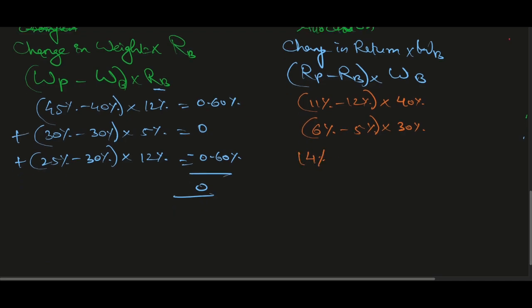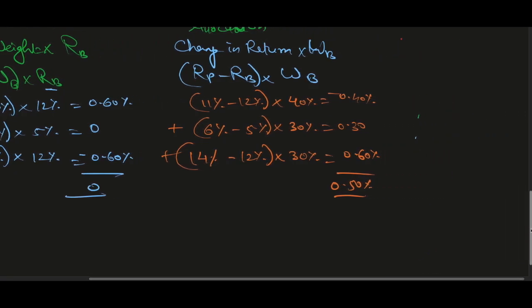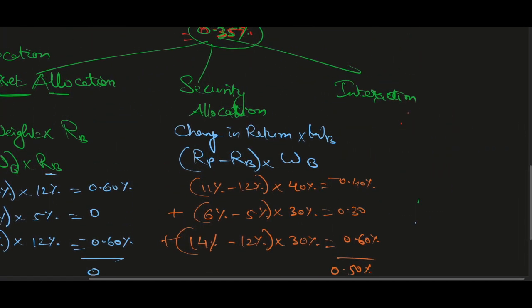So this comes to minus 0.40%, 0.30 percentage, 0.60 percentage. All these I need to add up. So this is 0.50%.